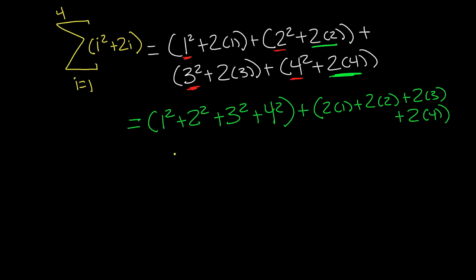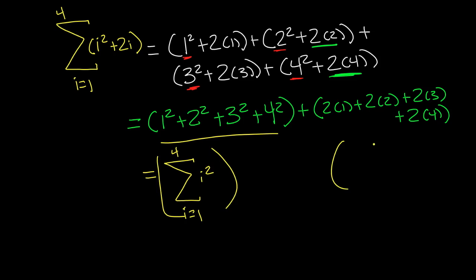Why did I do that? Well, let's recognize what this guy here is. That's equal to our old friend, the sum from i equals 1 to 4 of i squared. Fine. What's this guy here? That's equal to a new friend: the sum from i equals 1 to 4 of 2 times i.